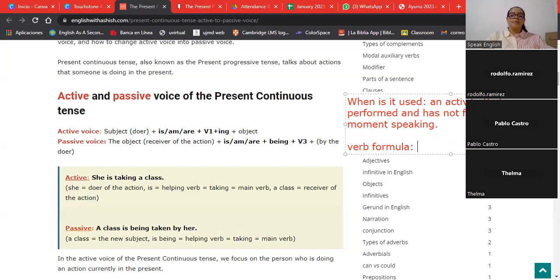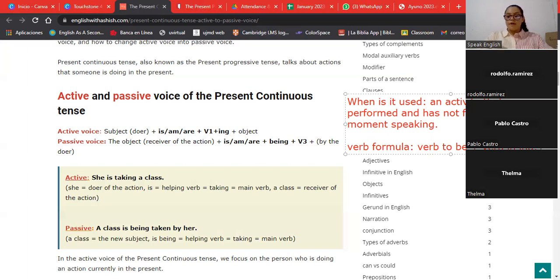Let me give you an example. If I say, "She is taking a class." Is taking. What is the verb formula over there? Verb to be. Very good. Verb to be plus? The verb with ing form. Excellent. Verb in ing.